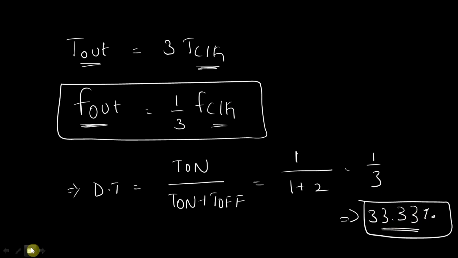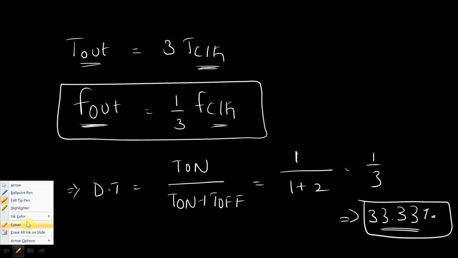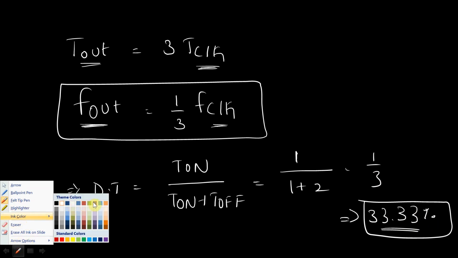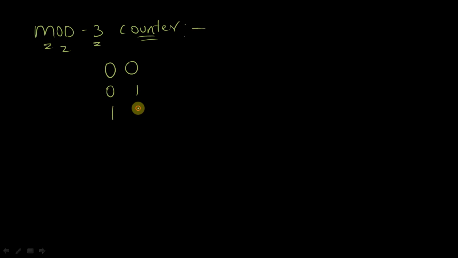Now, how can we design this particular circuit? We can design this particular circuit using a mod 3 counter. For a mod 3 counter, the number of states will be equal to 3. So the first state will be 0 0, then 0 1, then 1 0.